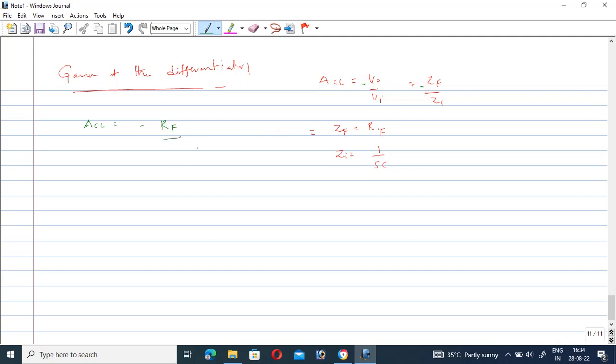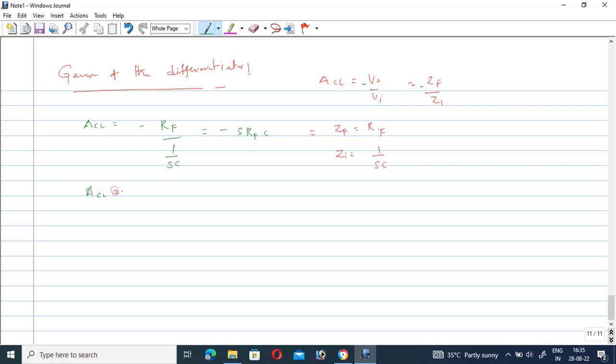So it can be represented as minus S RfC.